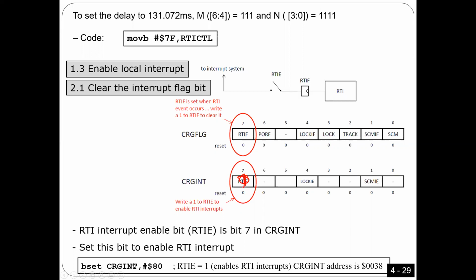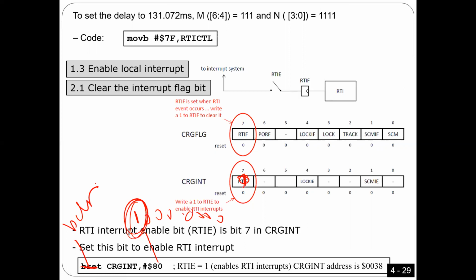So, for example, look here, guys, bit set CRGINT, and then 80. 80, as you know, is 10000000, because you want to set this bit. So if you want to enable RTI interrupts, you can just use this instruction. If you want to disable RTI interrupts, you can just say bit clear.